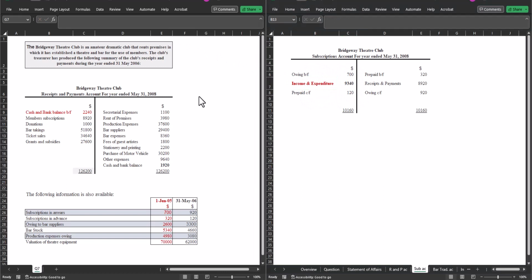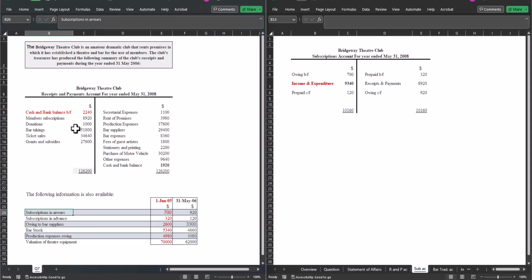Now let's quickly recap the steps that we followed in preparing the subscription account. Firstly, we start with the receipts and payment account and identify the member's subscription in that account. Secondly, we need to figure out the subscription that belongs to the current year because there are some adjustments to be made with respect to subscription in arrears and in advance.